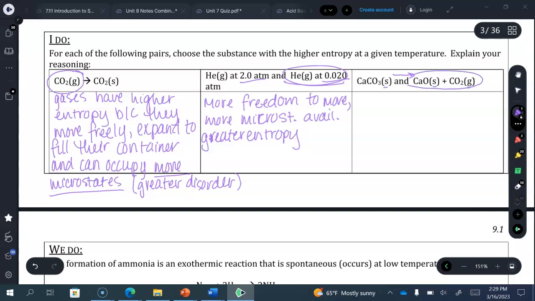So this side would have higher entropy. And it's due to carbon dioxide gas, right? Gases have more freedom, so there's greater disorder.